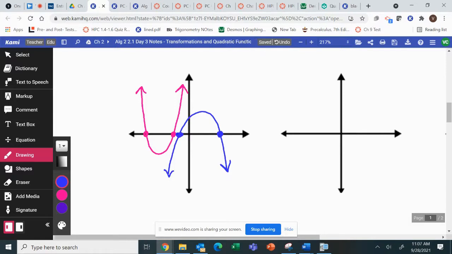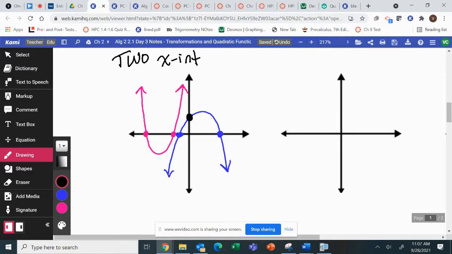Well, let's think about if it's possible to have 3. So we could have 2 x-intercepts. Let's talk about y-intercepts too. What about y-intercepts? 1. Here's 1 on the blue one.